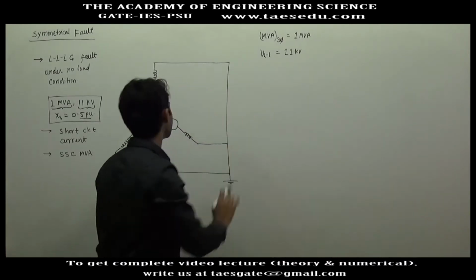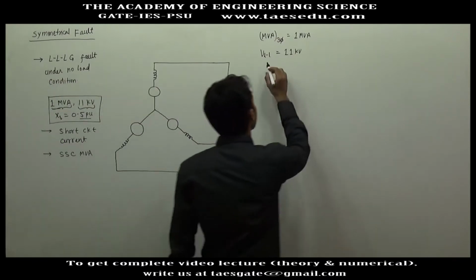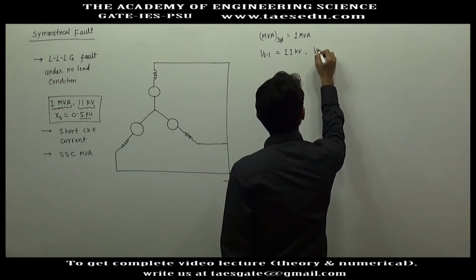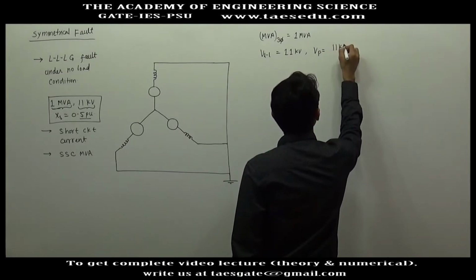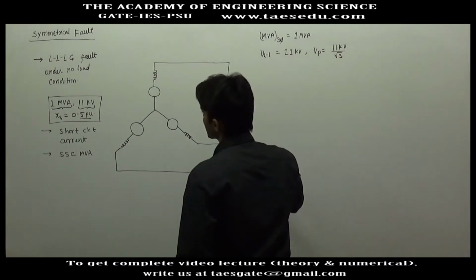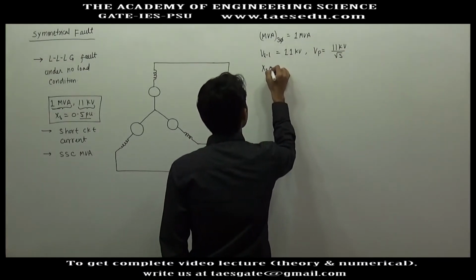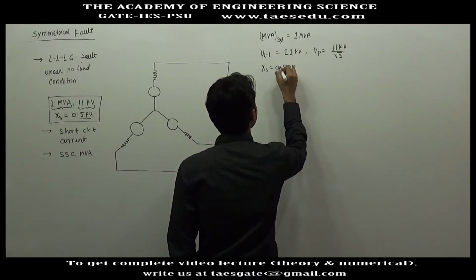Okay, first we are considering the case of a star connection. So in a star connection, line to line voltage and phase voltages are different. So phase voltage will be 11 kilovolt divided by root 3. And synchronous reactance is given as 0.5 pu.